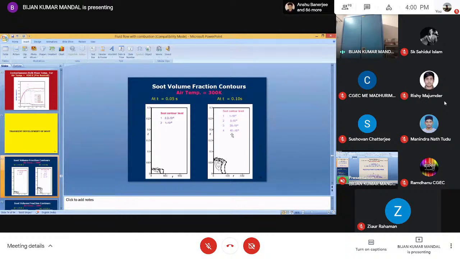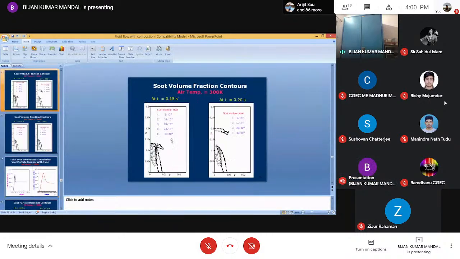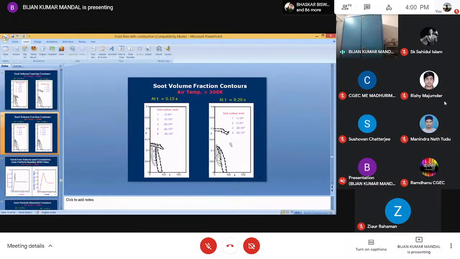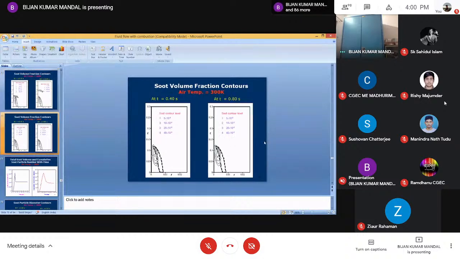At this time it is 40, here it is 60, and finally it is 40. So after 60 it is decreasing to 40 due to oxidation, etc. And all the soot stays within the flame, not going beyond it.